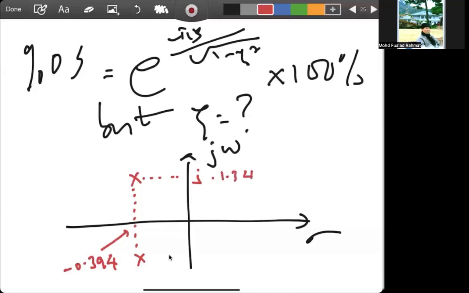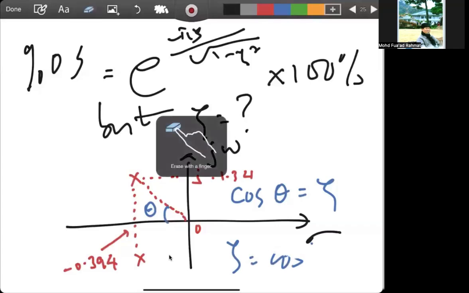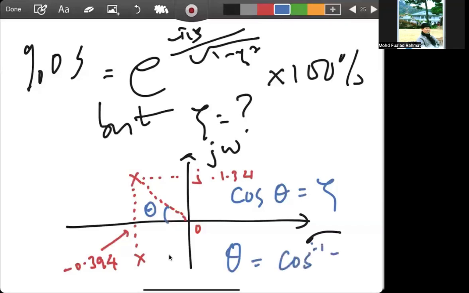Okay, so you have to somehow find this angle theta, cos theta is equal to zeta. So zeta is equal to cos theta, sorry, excuse me, theta is equal to inverse cos zeta.